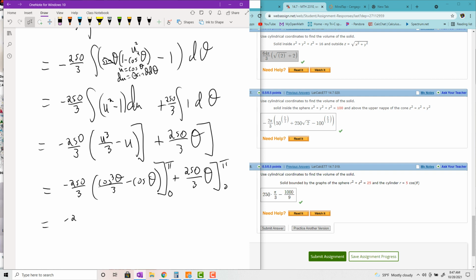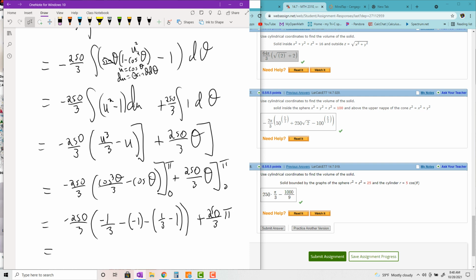So this will be negative 250 all over 3. Cosine of pi is negative 1. Negative 1 cubed is negative 1, over 3. Minus cosine of pi is negative 1. Minus, plug in 0, you get 1/3 minus, I guess just 1. And then plus 250 thirds pi.